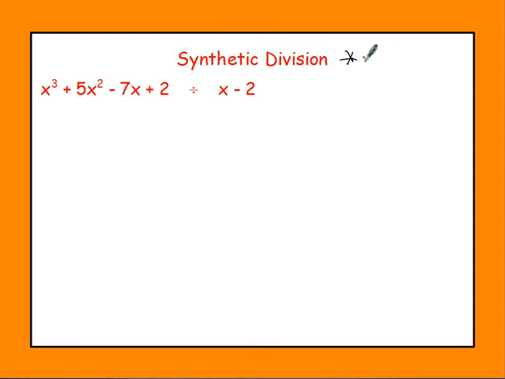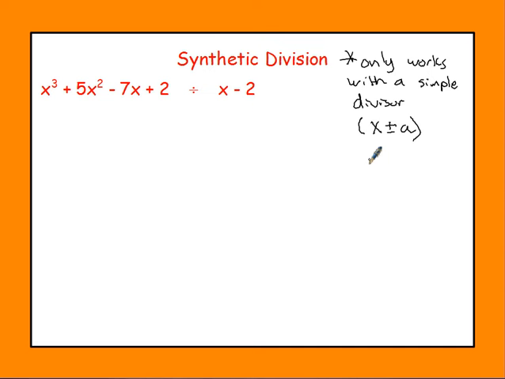Synthetic division only works with a simple divisor. Okay, and what I mean by simple divisor is that your divisor is literally just x plus or minus some number. So like x minus 2, that's fine.